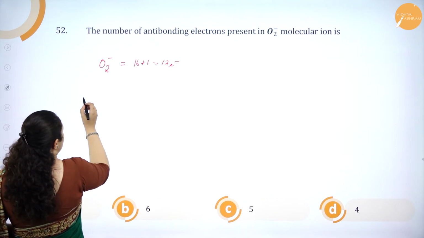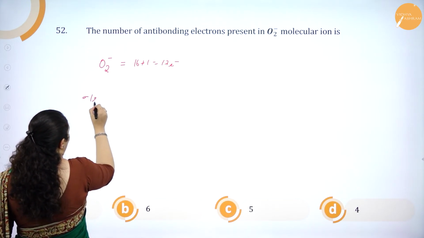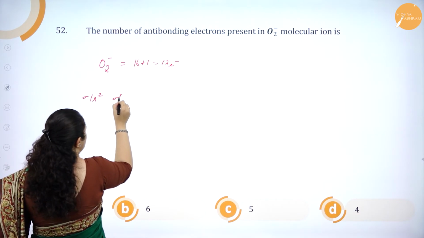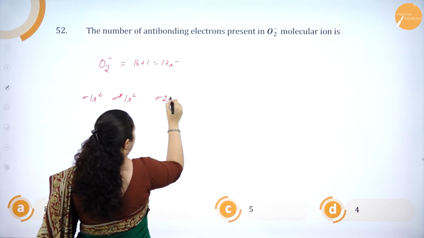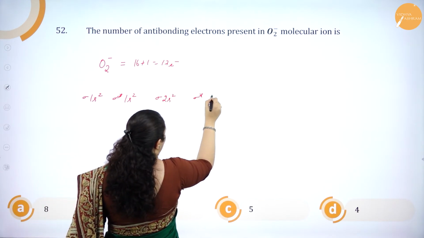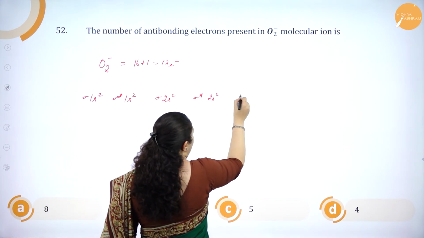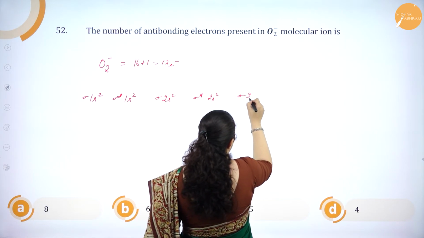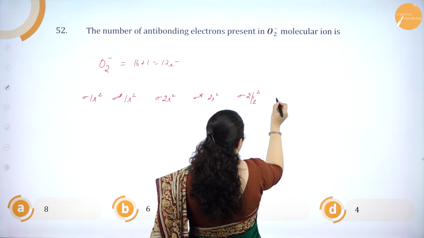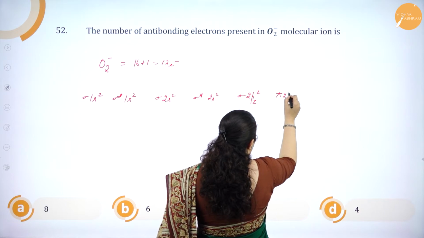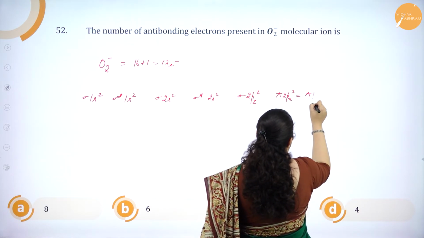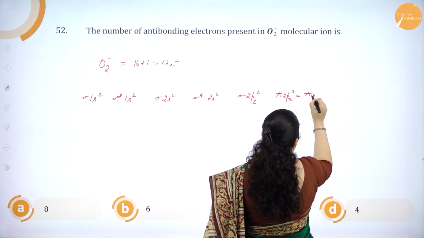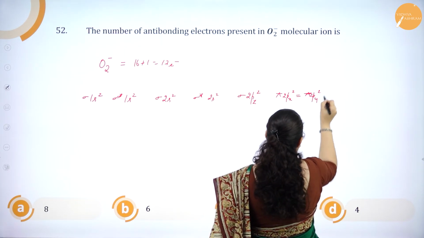So I shall start with sigma 1s2, then sigma star 1s2, then sigma 2s2, sigma star 2s2, then sigma 2pz2, then pi 2px2, which is equal to pi 2py2.